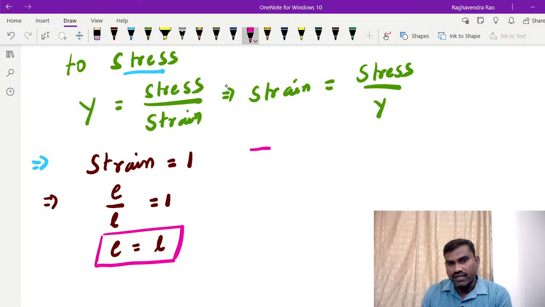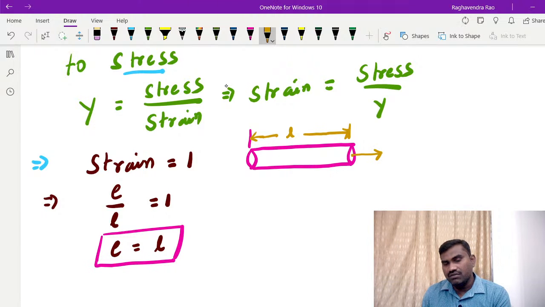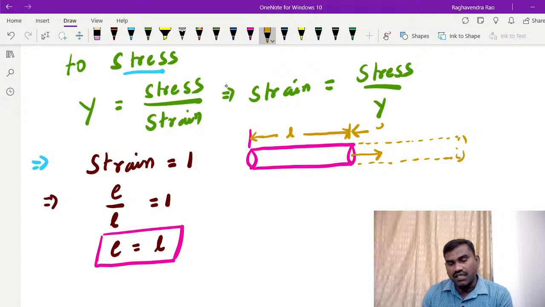For example, we have taken a wire of length L. Now we are applying stress on this body, which is equal to Young's modulus. Now the elongation produced in the wire becomes the length of the wire. This is what we call elongation, which is equal to the original length of the wire.